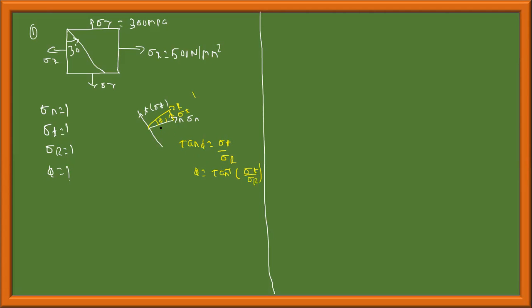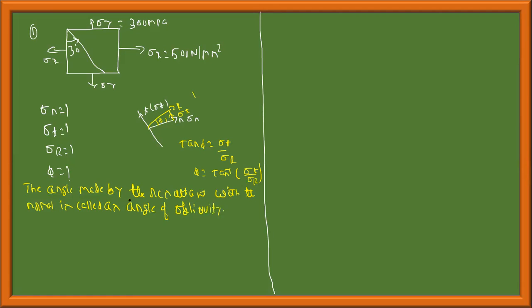The angle made by the resultant with the normal is called the angle of obliquity.